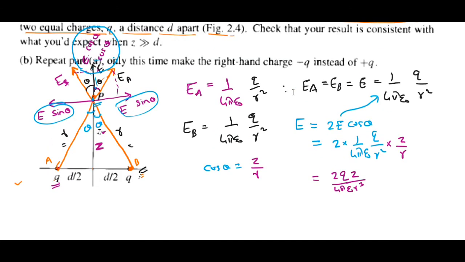Then next, what do we have to do? We have to replace this r. From the figure it is clear that r is the hypotenuse, so r square is equal to d by 2 whole square plus z square. That is, r is equal to root of z square plus d square by 4.